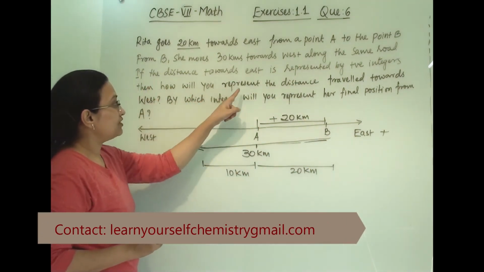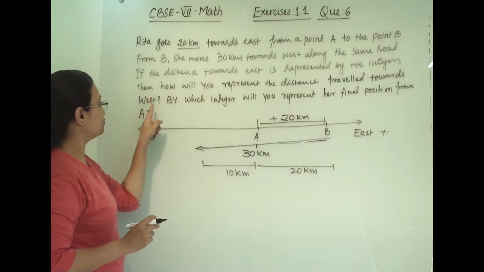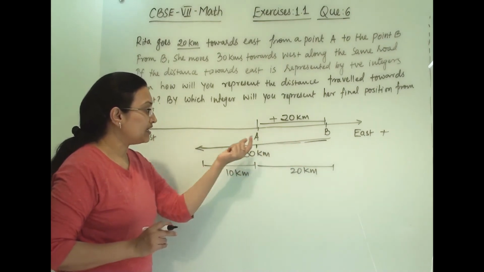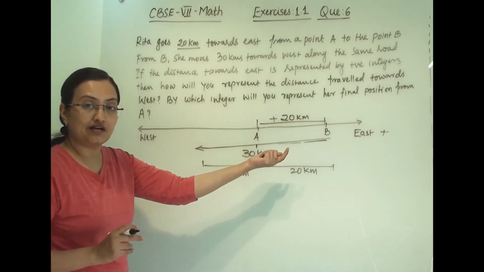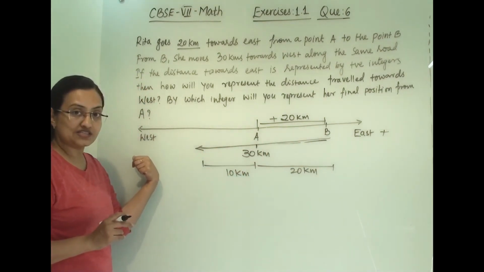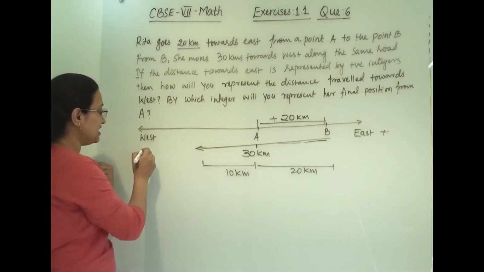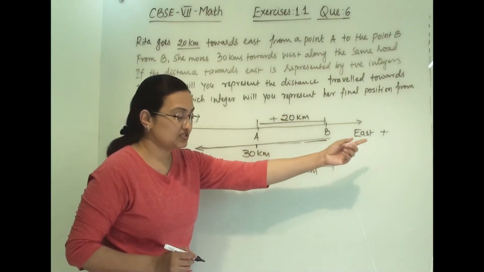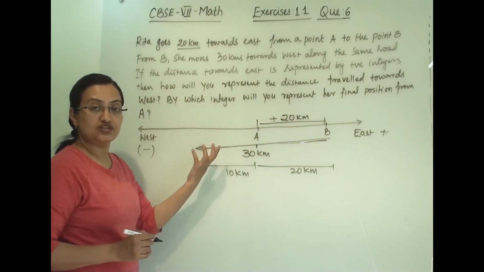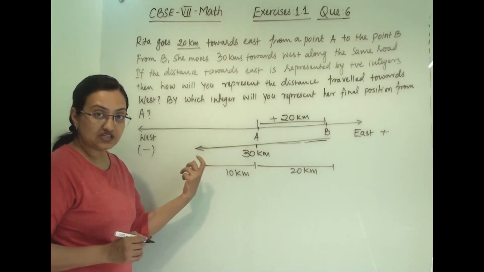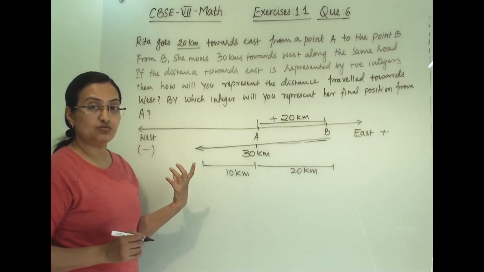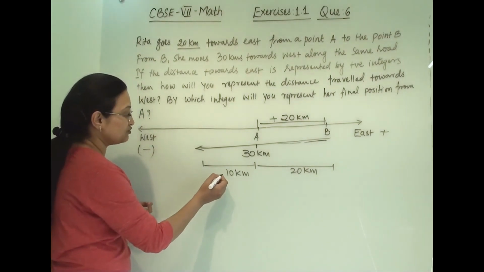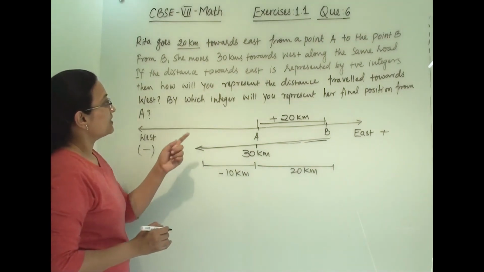Then how will you represent the distance traveled towards west? Whenever she goes towards west, the integer will be negative. Because towards east it is positive, the distance traveled towards west we denote with negative numbers. So this will be minus 10.